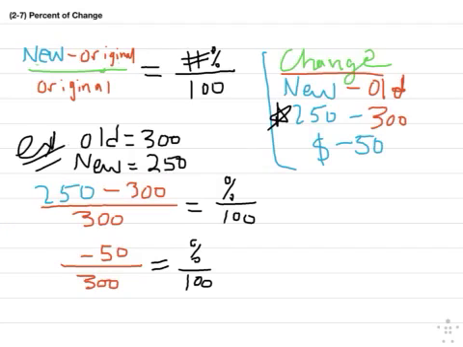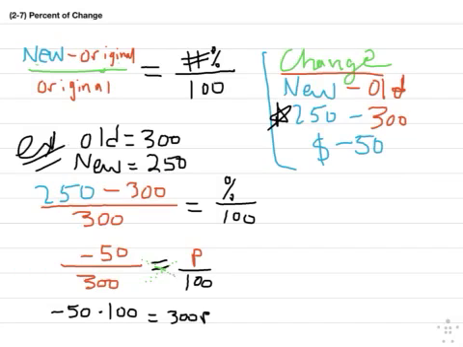Let's do our cross multiplication. Remember, when you have proportional equalities, we can do that cross multiplying. Let's call this some variable, maybe p for percent. So negative 50 times the 100 equals 300p.